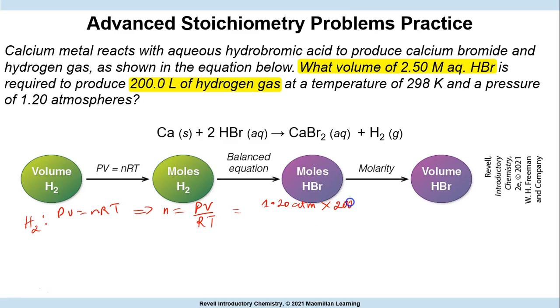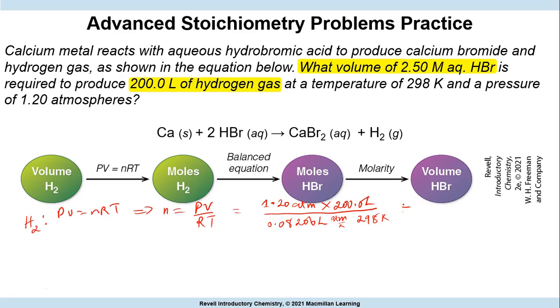The volume is 200.0 liters divided by R, which is 0.08206 liters atmosphere per Kelvin, and the temperature is 298 Kelvin. So we see here that we are looking for the number of moles, and our n here gives you the number of moles.